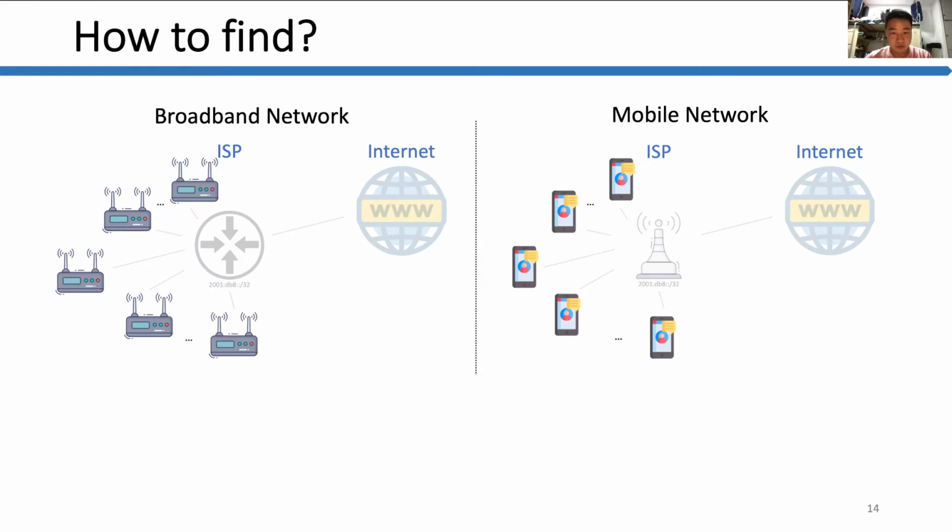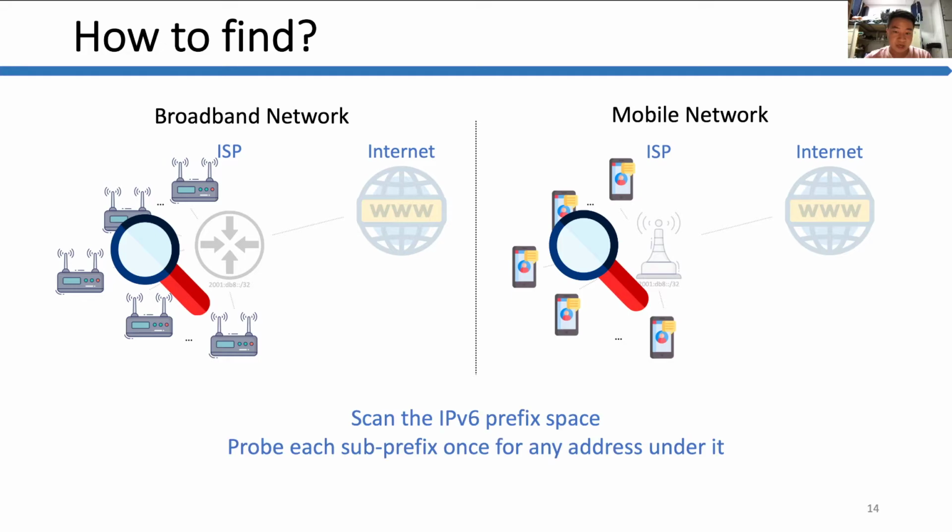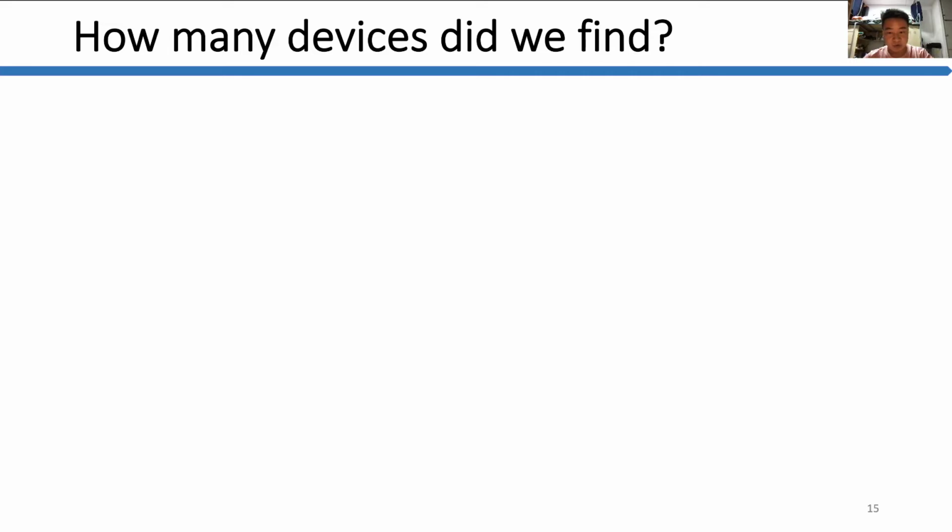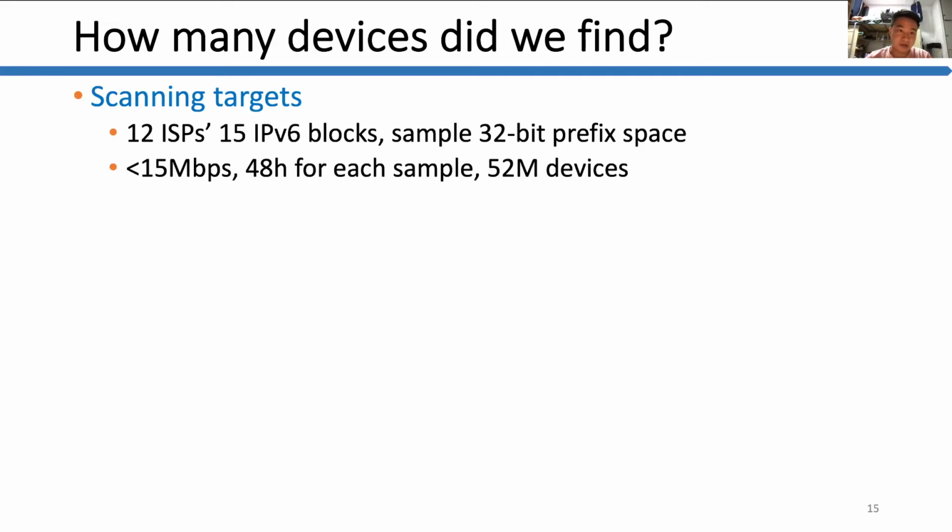So to discover all the peripheries within an SP network, we propose to scan the IPv6 prefix space, that is, probing each subspace once. To evaluate our approach, we choose 12 SPs' IPv6 blocks and scan sample prefix spaces.